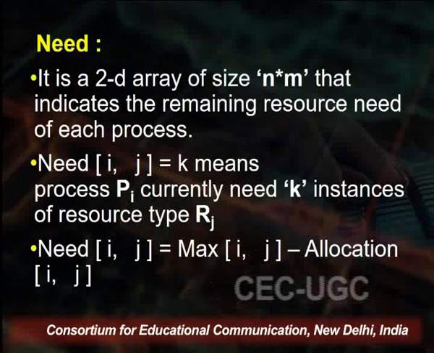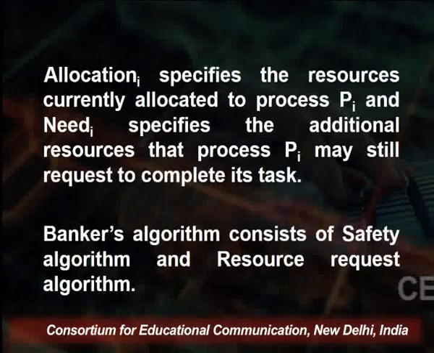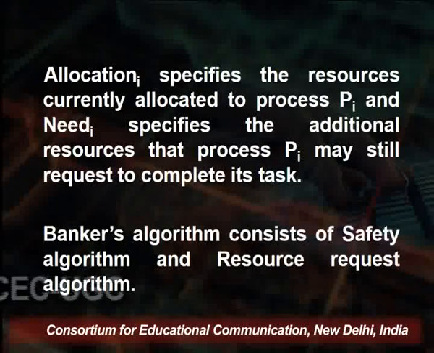By taking all these calculations into account, we are going to run 2 algorithms onto this system state, the safety algorithm and the resource request algorithm, and then we will check whether allocation of some particular resources to a process is going to lead the system into a safe state or an unsafe state. If it is going to lead the system into an unsafe state, we are obviously not going to fulfill that request.